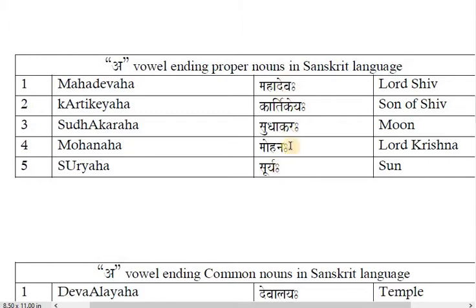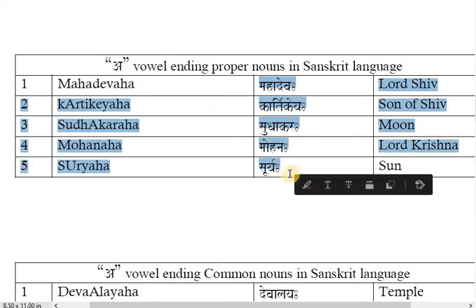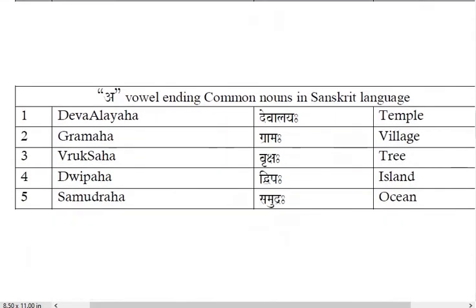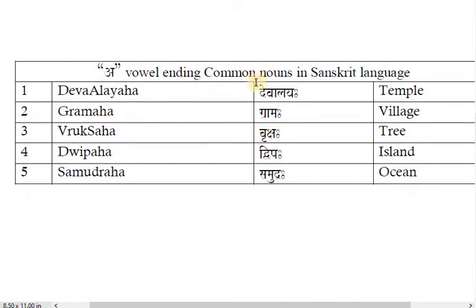Surya ending with a. These words you see, they all are ending with an a sound, and they are proper nouns. And here we have another a-ending common noun, like Devalayah, Grama, Vrukshaha, Dvipaha, Samudraha. They are ending with an a sound in Sanskrit. The meaning is also given here.